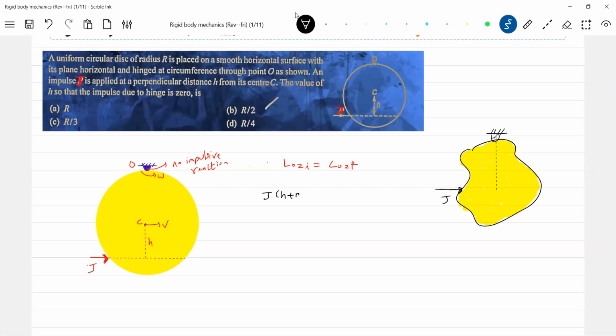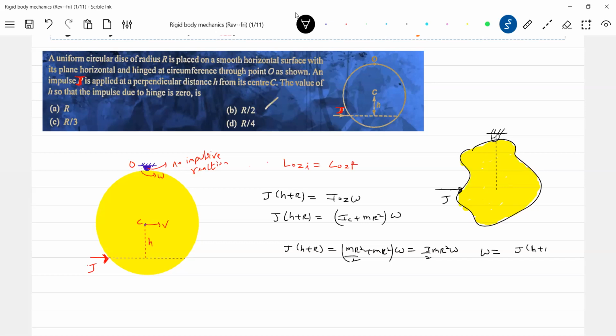From that, J into (H plus R) should be equal to I_oz into omega, where I is MR square by 2 plus MR square. This is the value of omega, equation 1. Keep it in hand.